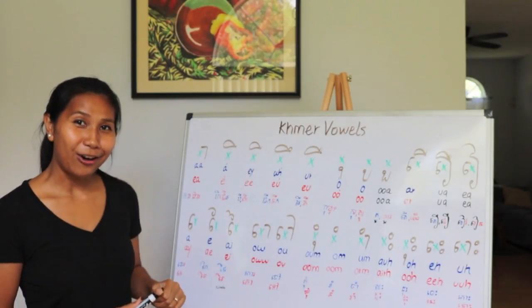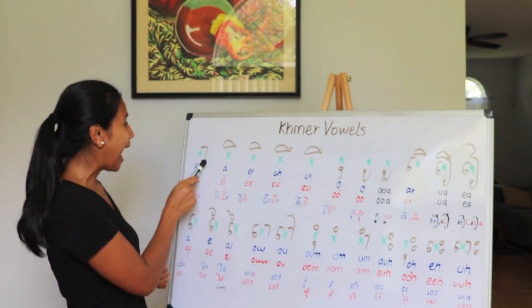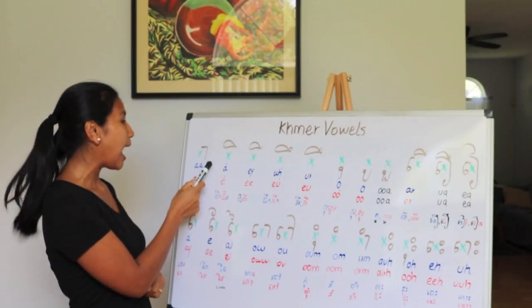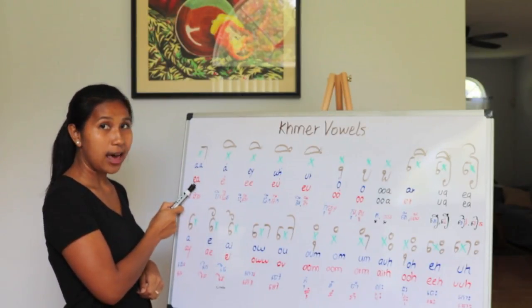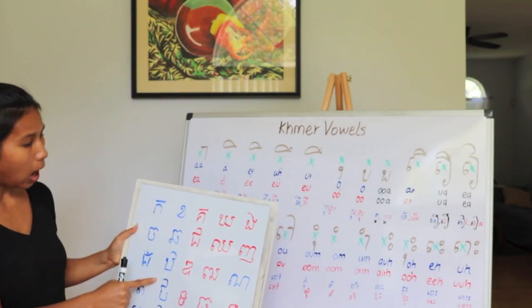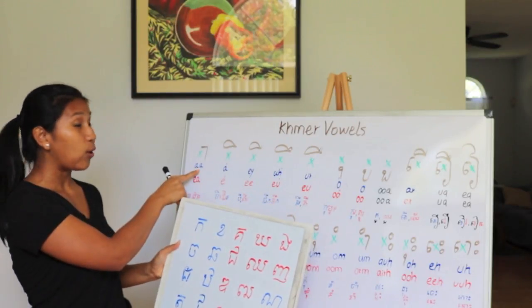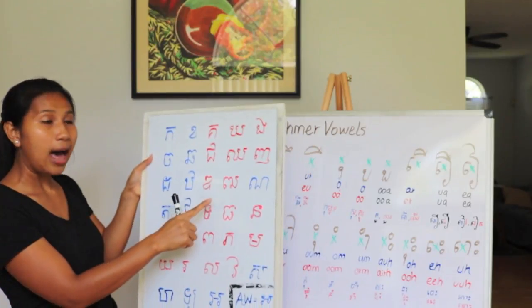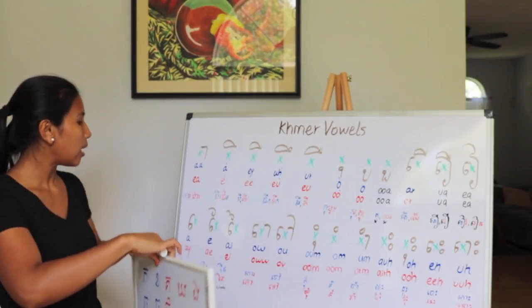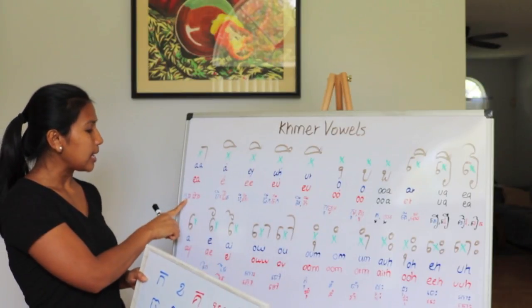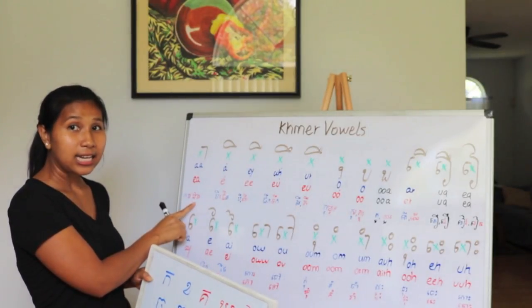Our first vowel is sra-a. Sra-a has two sounds, a and ear. With consonant A, we use the sound a. With consonant O, we use the sound ear. And here, the word is ga-nia.